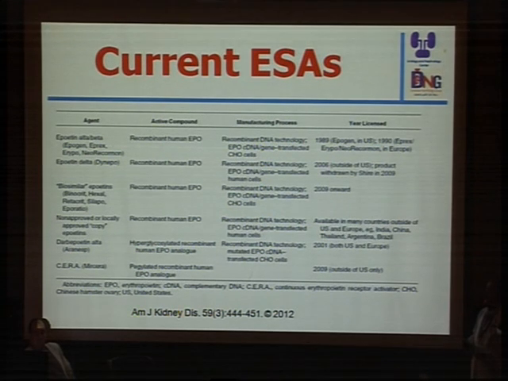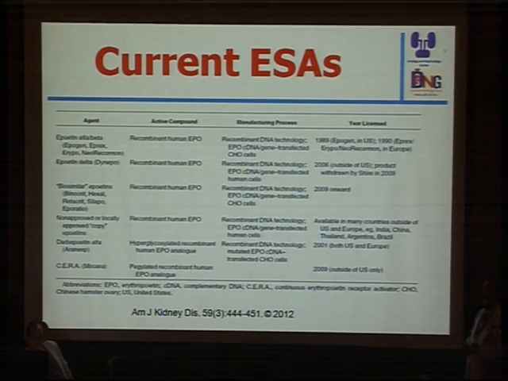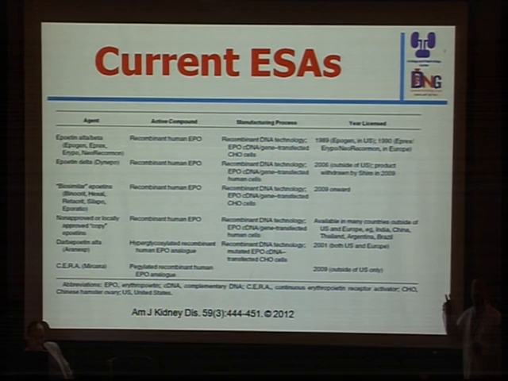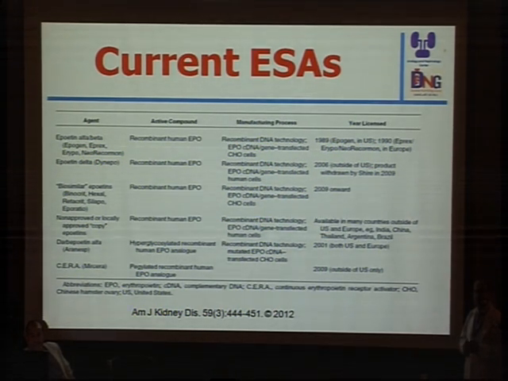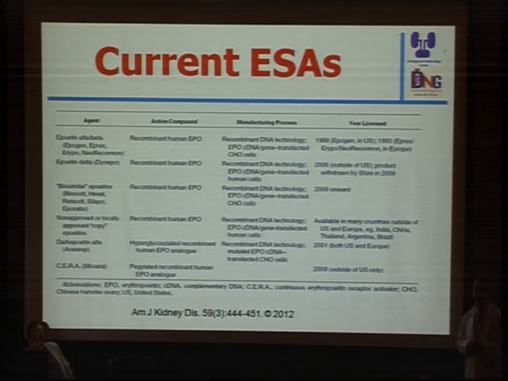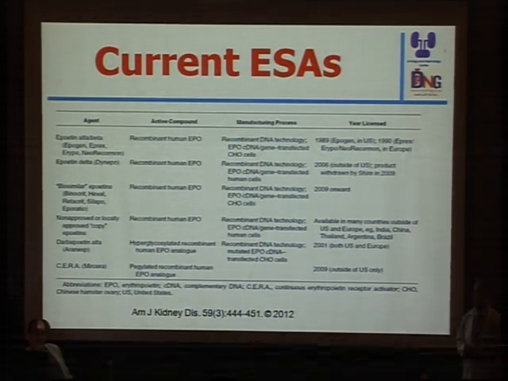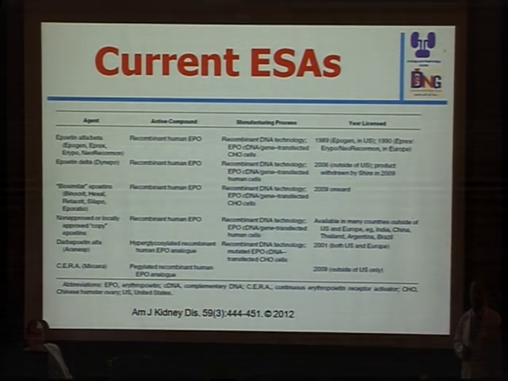Regarding ESA therapy, these are the different forms of ESA therapy. And instead of discussing all these lines, we have 3 types of ESA therapy according to the duration of action. Short-acting ESA therapy includes epoetin alfa or Eprex, from the Janssen company, and the other form is epoetin beta from Roche.